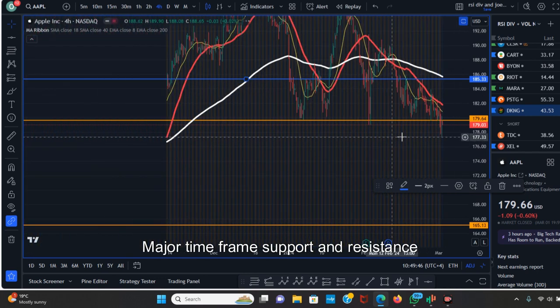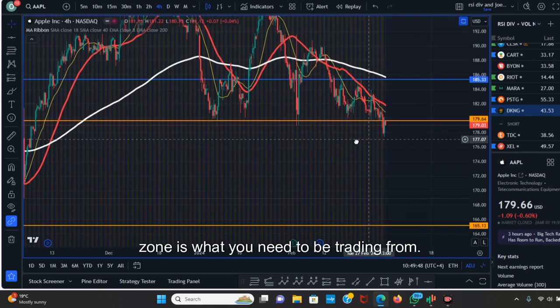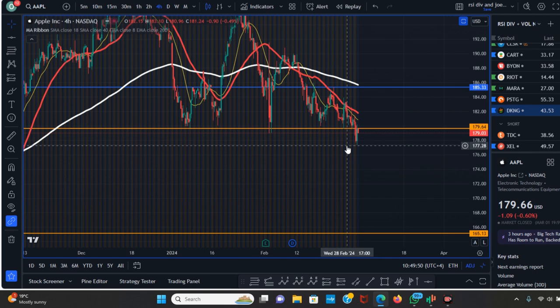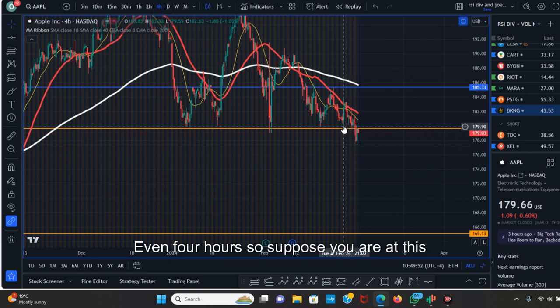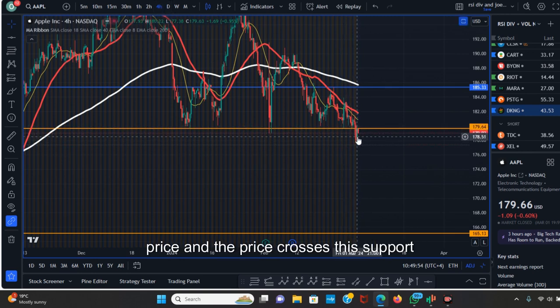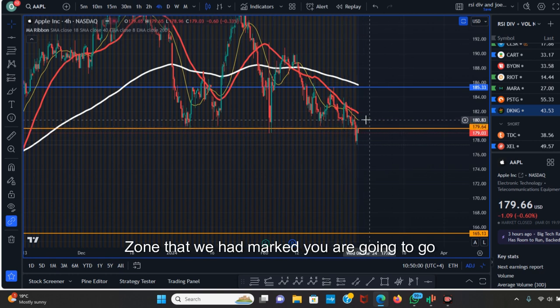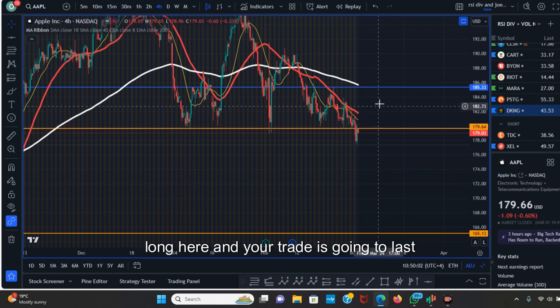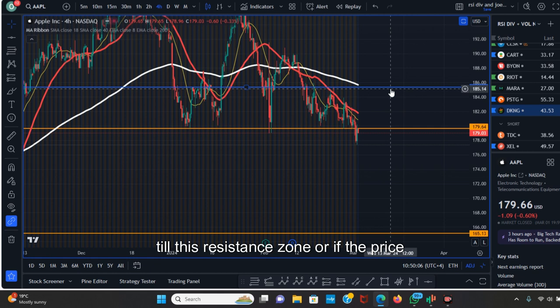Major time frame support and resistance zone is what you need to be trading from, even 4 hours. So suppose you are at this price and the price crosses this support zone that we had marked, you are going to go long here and your trade is going to last till this resistance zone.